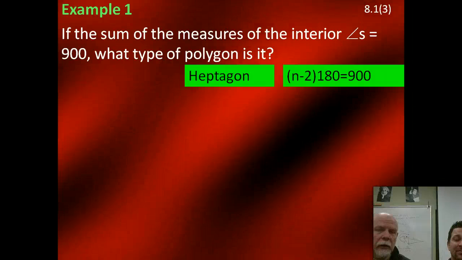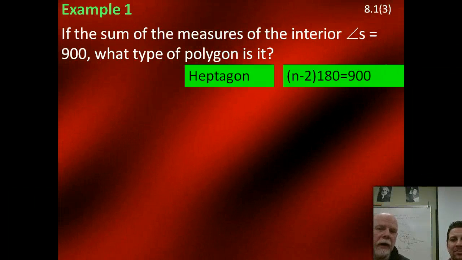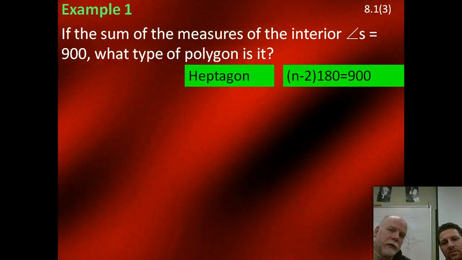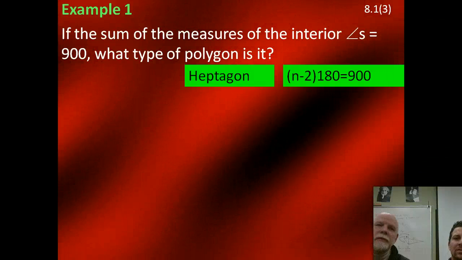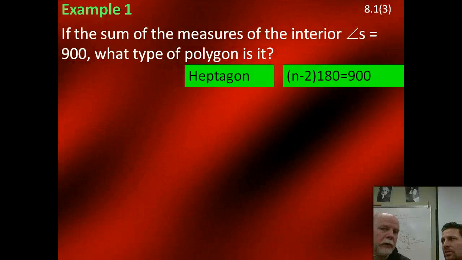When you have n minus 2 is equal to 5, then you add 2 to both sides, and you end up getting 7. And if you remember from the first slide, a 7-sided polygon is called a heptagon, again from the heptathlon in track. So we're just plugging in and solving the equation.